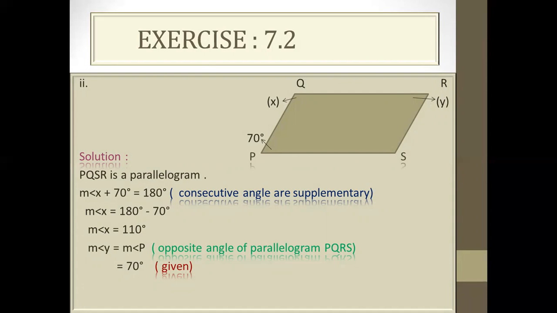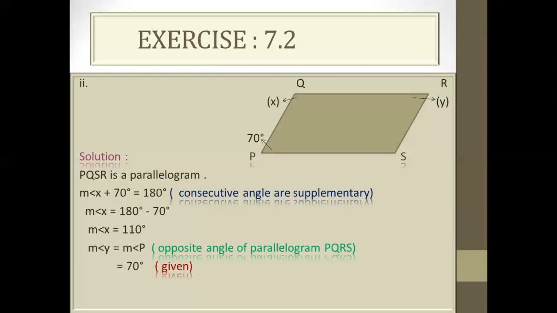Angle X and 70. We learned the characteristic of the parallelogram that consecutive angles are supplementary. It means that the sum of X and 70 will be equal to 180 degrees. So X plus 70 is equal to 180.